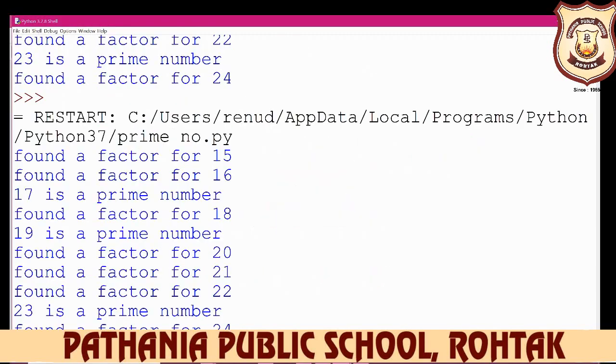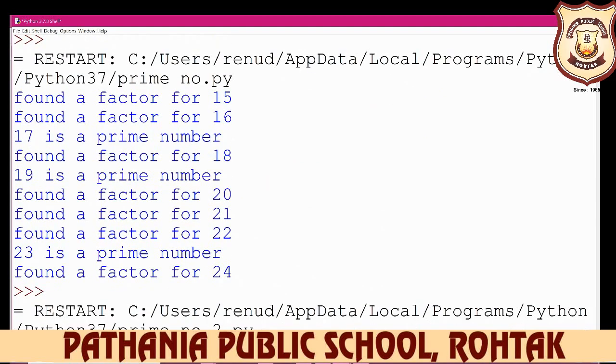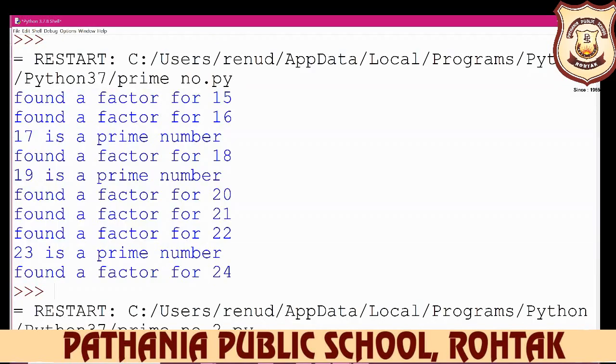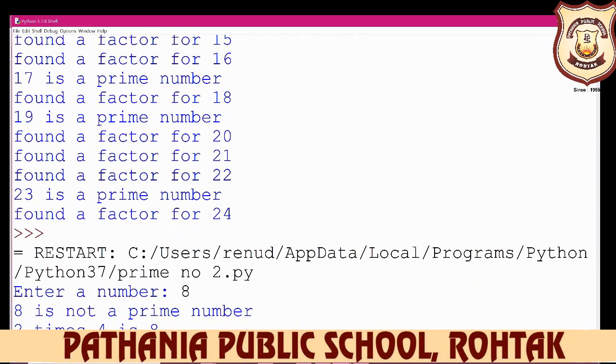So see the difference here. Before, this was also about prime numbers, but there we found the factor numbers or prime numbers. Here we find out whether our input number is a prime number; if so, it displays the prime number, otherwise it displays is not a prime number. Here we input the number 8 and it displays 8 is not a prime number. 2 times 4 is 8, so 8 has the factors 2 and 4, so 8 is not a prime number.